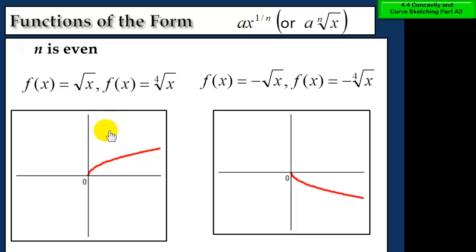It remains above the x-axis, so you can also determine the range of this function. And the one on the right is just a negative reflection about the x-axis.